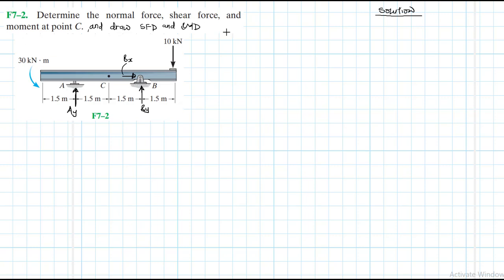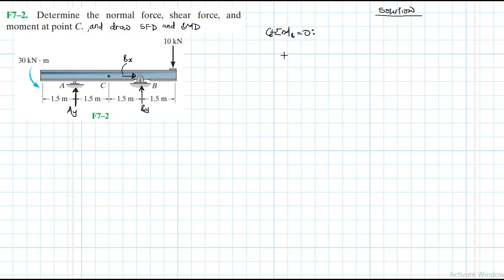So we're going to apply the equations of equilibrium so that we find these reaction forces. We have summation of moments about point B equal to 0, with clockwise being our reference.